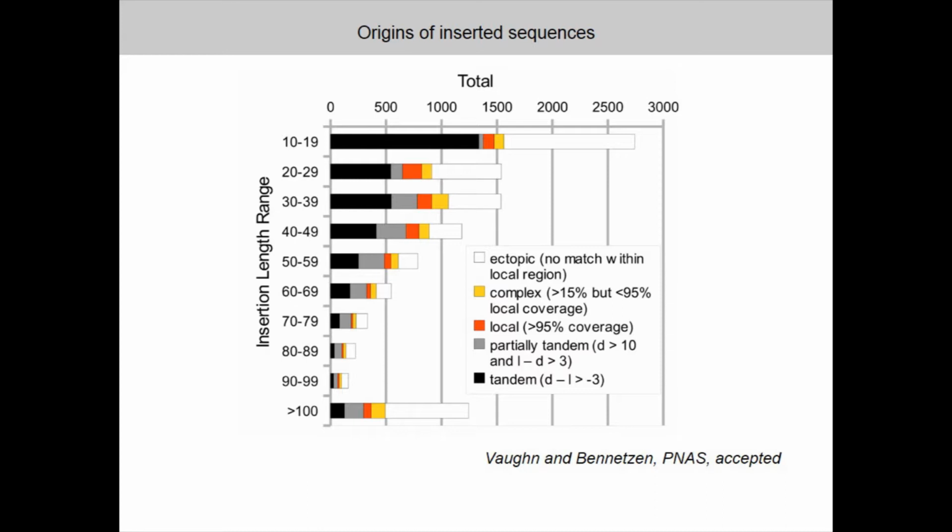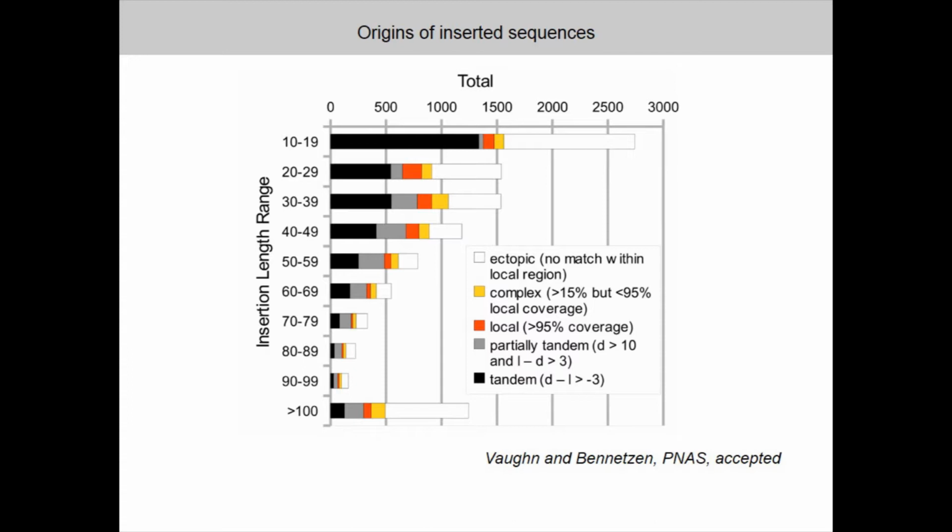These warm-colored portions of the graphs here are those local duplications that I just showed you. This y-axis represents all the different length categories. So here are 10 to 19 base pairs, and this represents just the total number that we observed. These black and gray bars represent perfect tandem duplication events, so that at the site of duplication, that perfectly adjacent neighboring DNA was copy and pasted into that site.